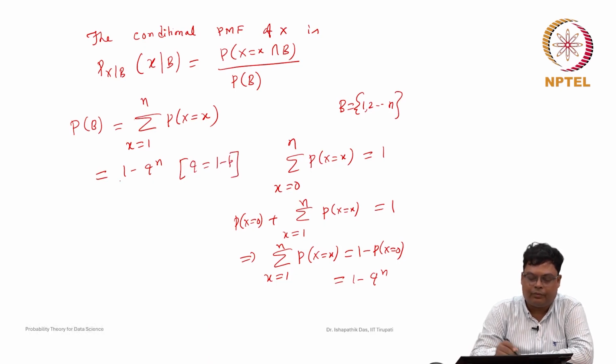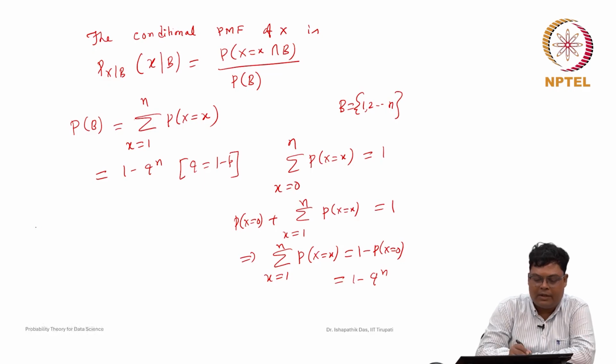Now, we found this value, the probability of B. Now, we have to find the probability of X equal to x intersection B. B, we know, is 1 to n.